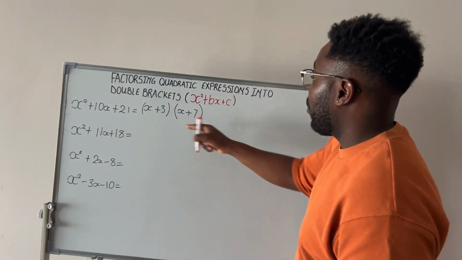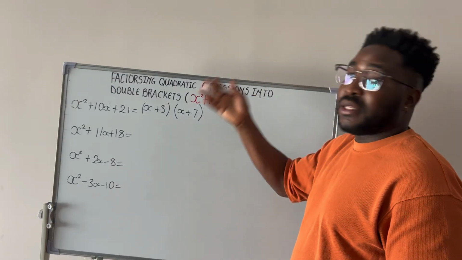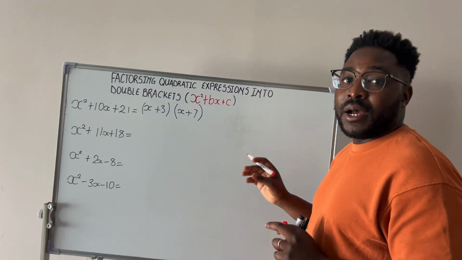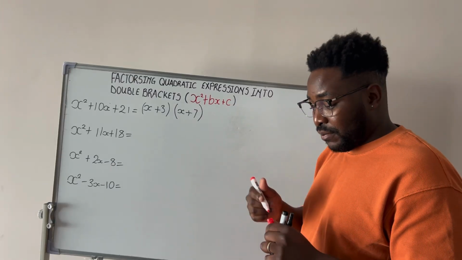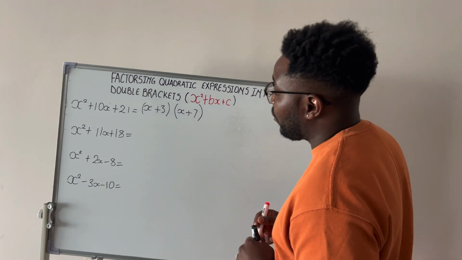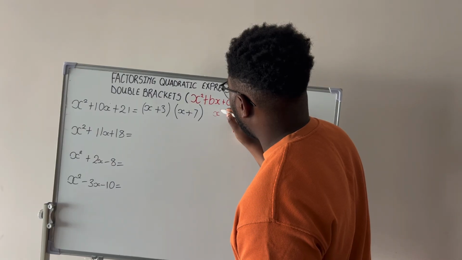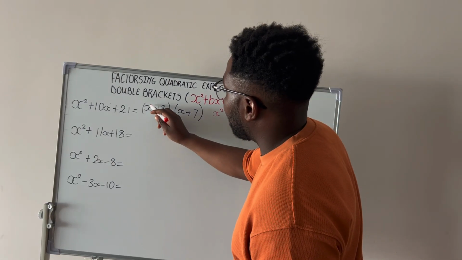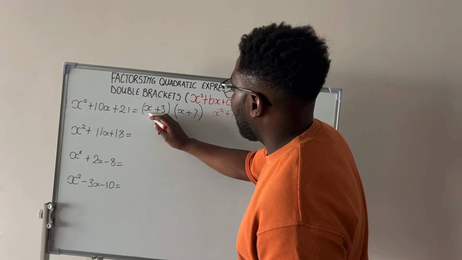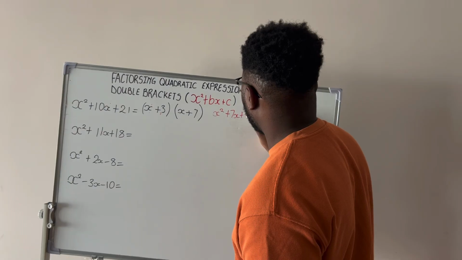Yes, so there we go. All we have to do is expand this. I started this lesson by expanding, so we do know how to expand. Or rather, if you're still struggling, you can just go back and watch how we expanded our first expression. So all we have to do is multiply x by x. It gives me x squared, right? And x over here by positive 7 gives me positive 7x. x over here by 3 gives me positive 3x.